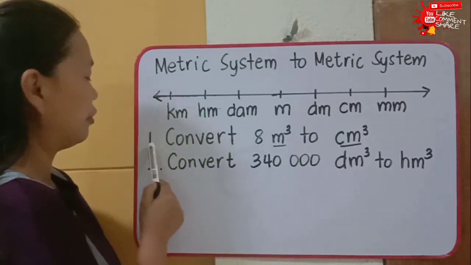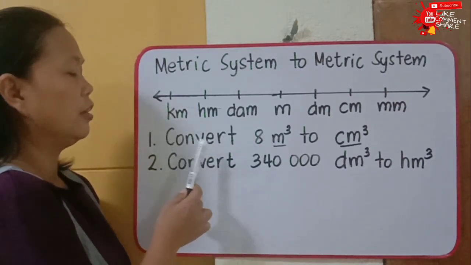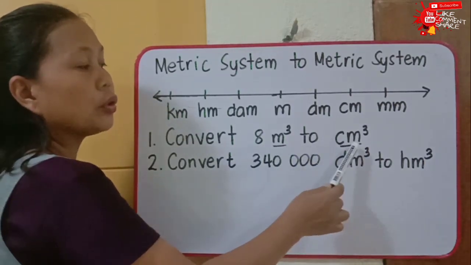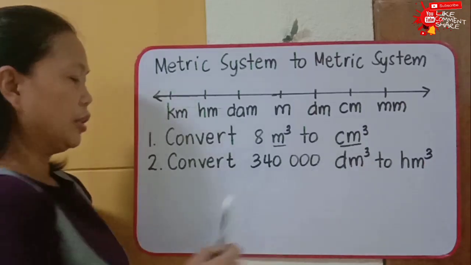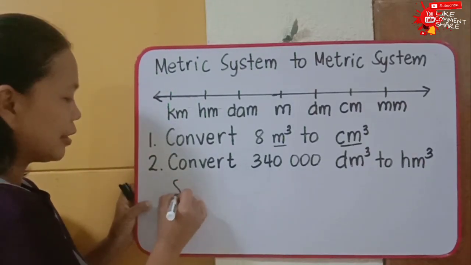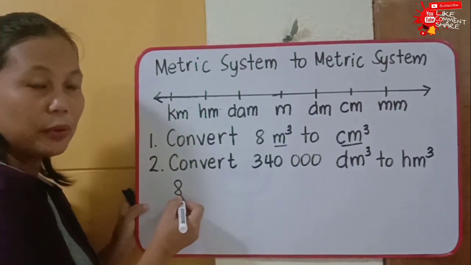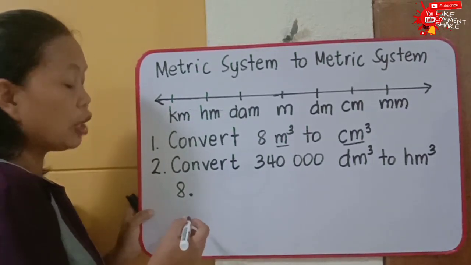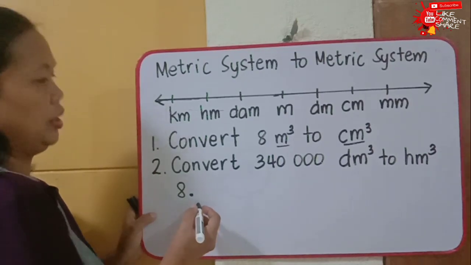So now let us have our first example. Convert 8 cubic meter to cubic centimeter. So let us write 8. Since this is a whole number, this will be the location of the decimal point, in front of the number.